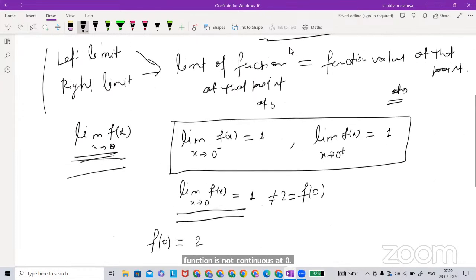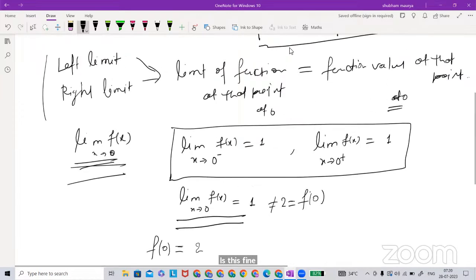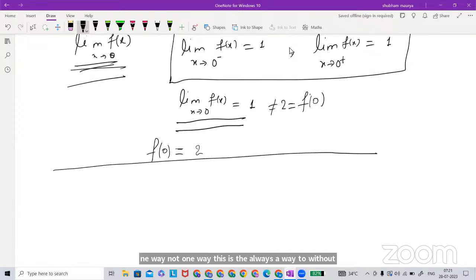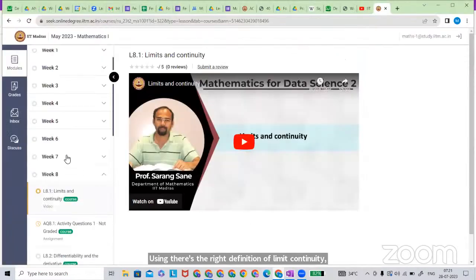Is this fine? This is always a way, without going to the graph, to check using the algebraic definition of limit, continuity, and even differentiability. Let's do a summary again. If anyone else has doubts, please let me know.